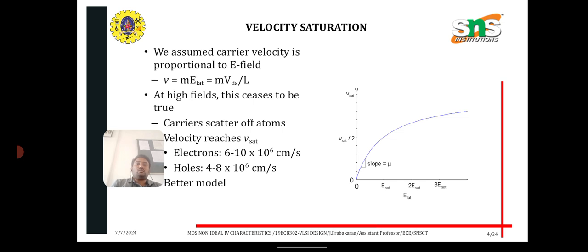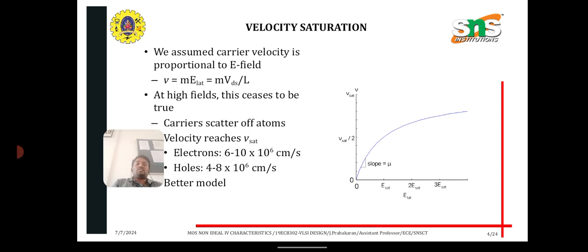Electrons, which are the charge carriers in an NMOS transistor, have a saturation velocity in the range of 6 to 10 million centimeters per second. This means that even if the electric field increases, the electron's velocity will not significantly exceed this range. Holes, which are the charge carriers in a PMOS transistor, have a slightly lower saturation velocity, in the range of 4 to 8 million centimeters per second.